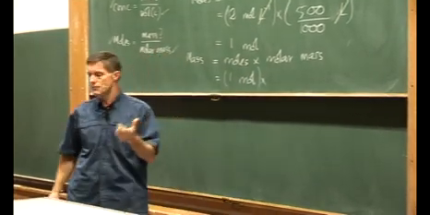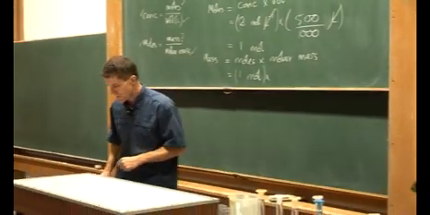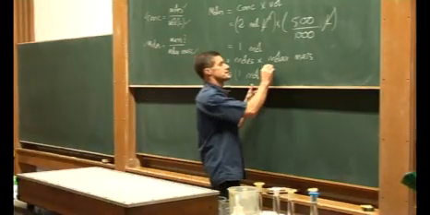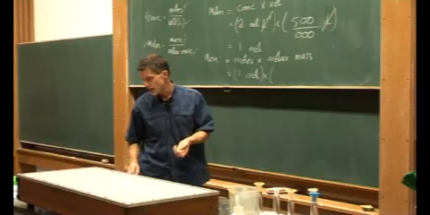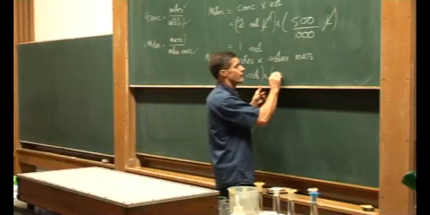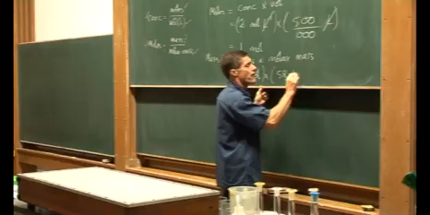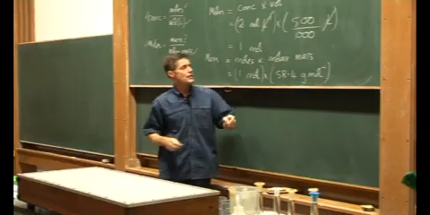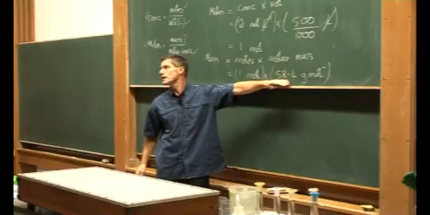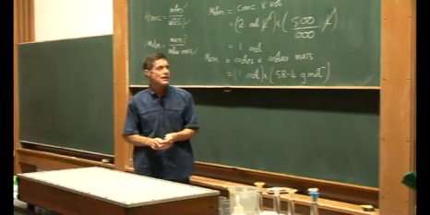The molar mass of sodium chloride is something I look up on the periodic table. Sodium is 22.99, chlorine is 35.45. Added together, I get a molar mass of NaCl as 58.4 grams per mole.